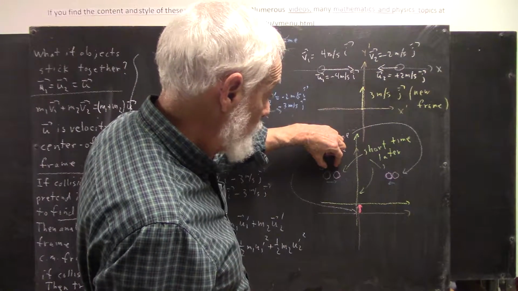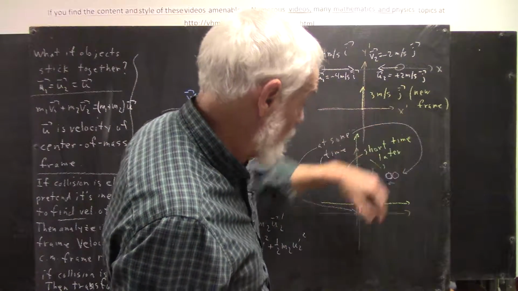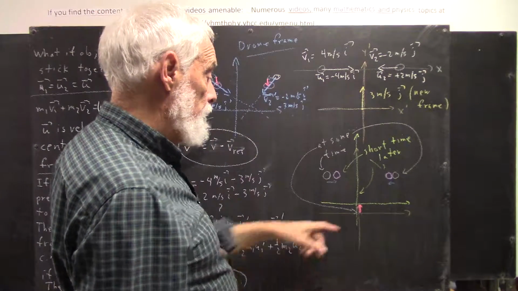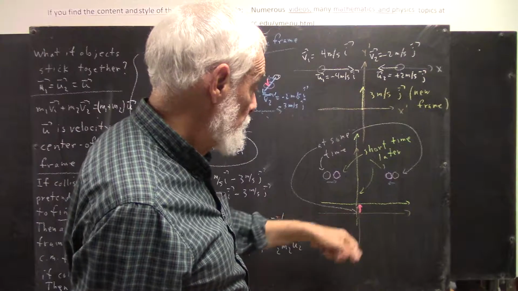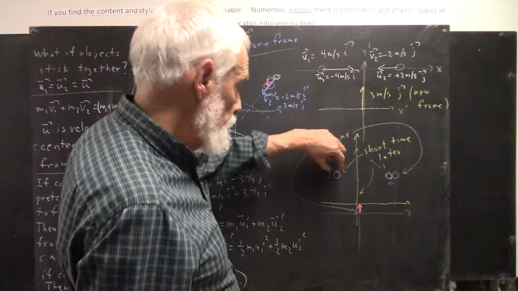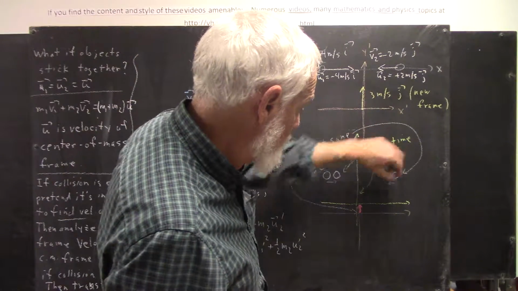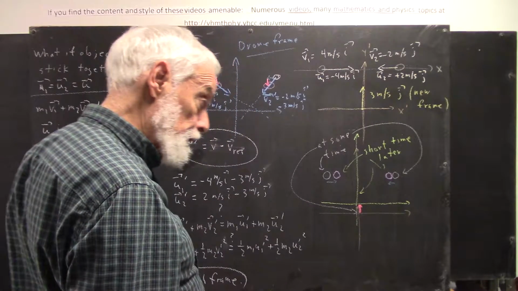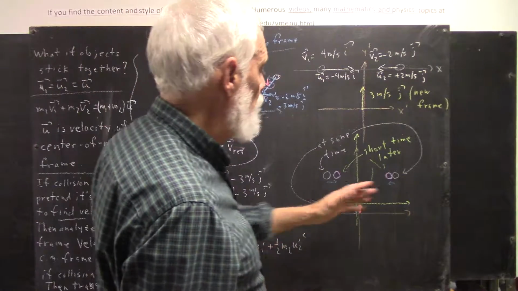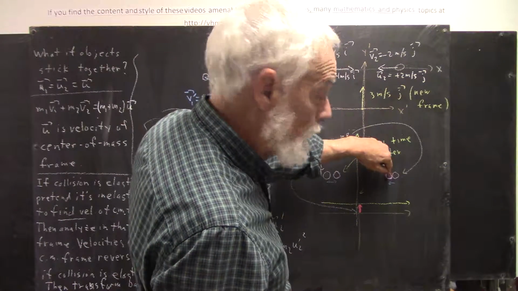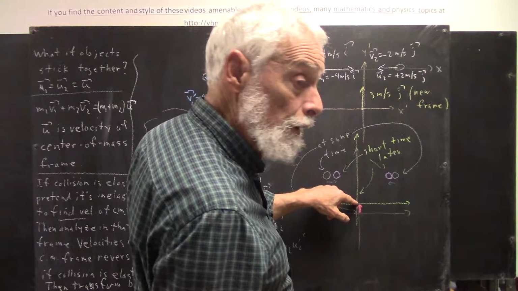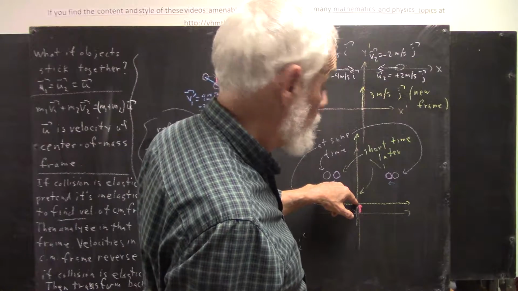This one has moved this far, this one has moved half as far. And the coordinate system has moved not as far as this one moved, but further than this one moved. I don't know if I got those distances right, but that's the way to understand this diagram. So a short time later, here are the two objects, and here is the coordinate system of our drone.